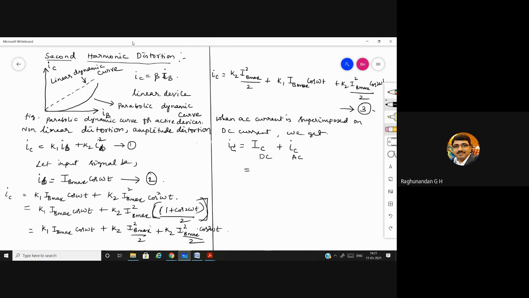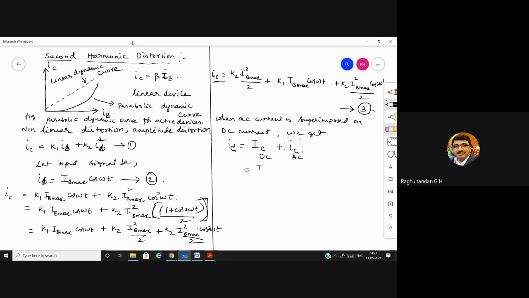Now whatever we have derived here, this equation is for what? Is it for AC or DC? DC, sir. Yes. So we have done this for the AC. So now in the place of this small i small c, substitute this equation.